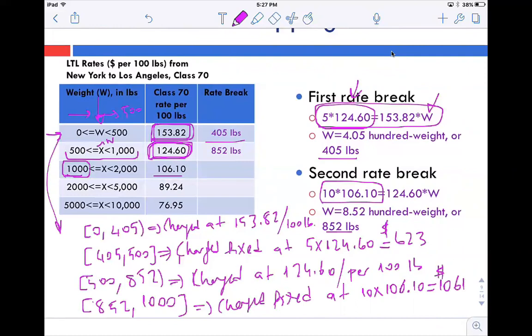So if you're sending, for example, 900 pounds, you just pay a fixed amount of $1,061, okay? All right, so you'll continue.